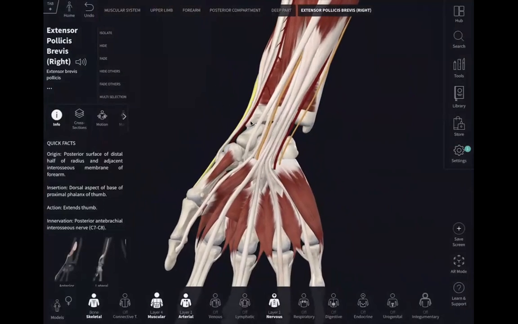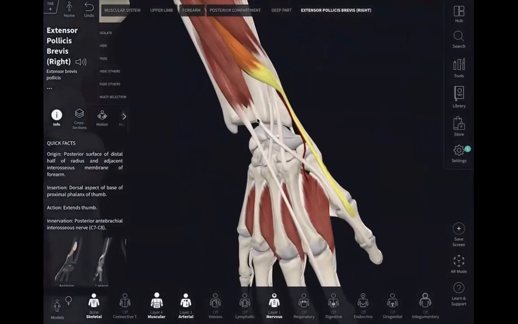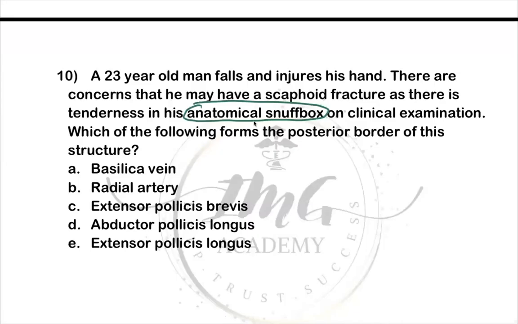So normally extensor pollicis brevis and abductor pollicis longus will be on the anterior aspect, correct? And this extensor pollicis longus will be on the posterior aspect, correct or wrong? Correct. So can we get our answer here? Which one is our answer? Extensor pollicis longus.